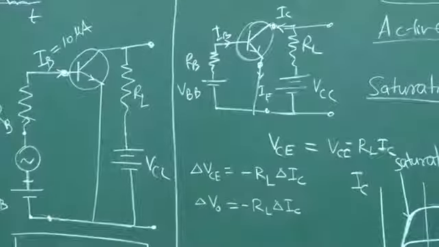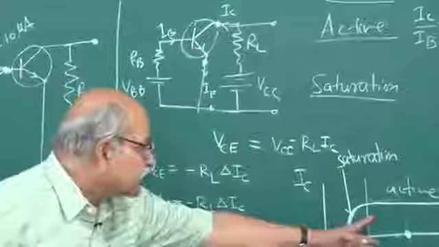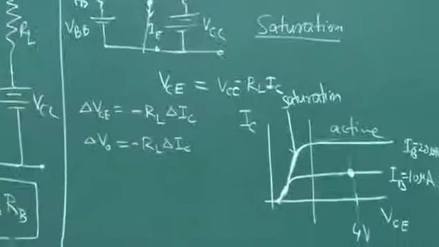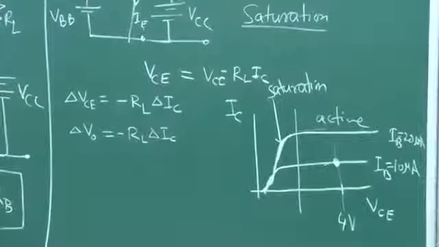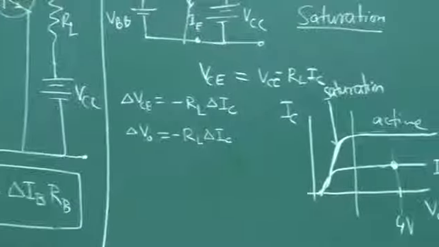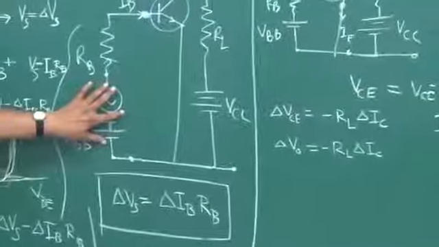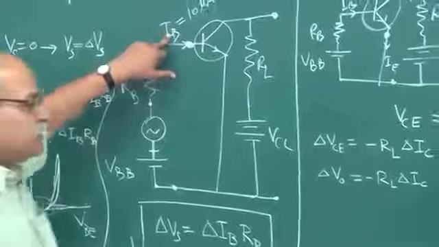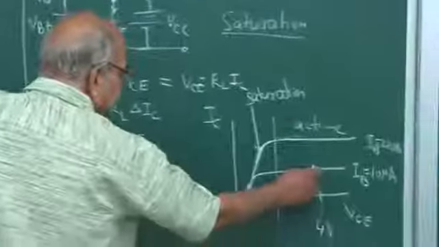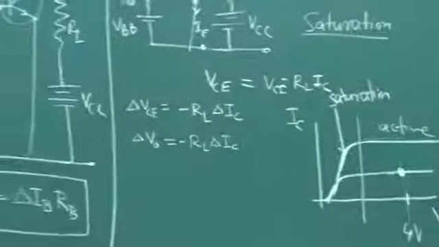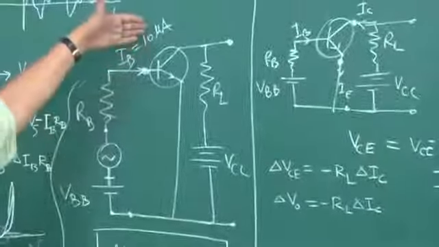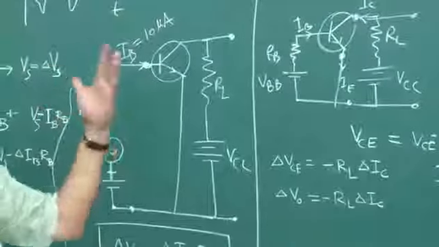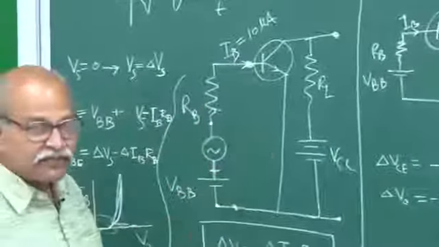If I look at this diagram, these output characteristics, what is happening? By changing this biasing voltage, you are changing IB. Initially, if this is the point representing the transistor operation, then IB has changed from 10 microampere to something else, say 10.5 microamperes.